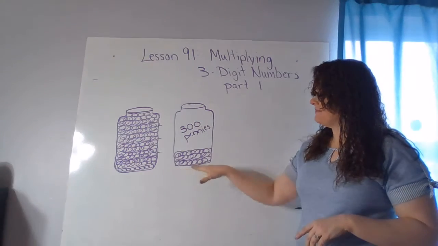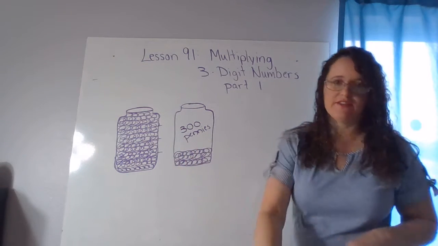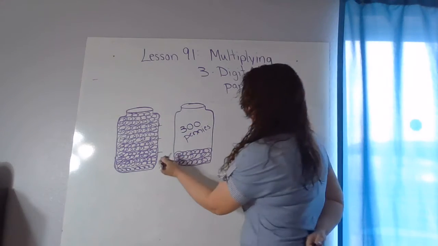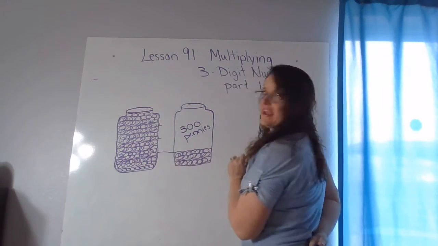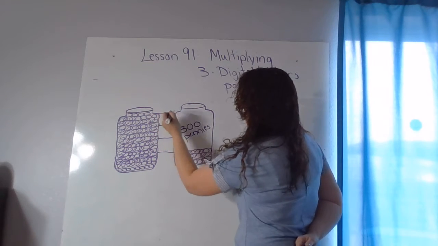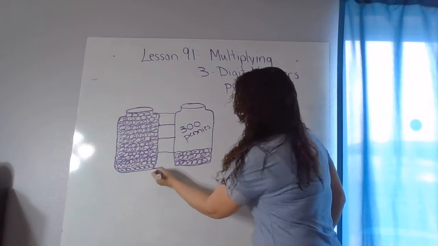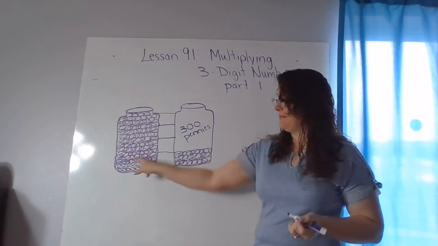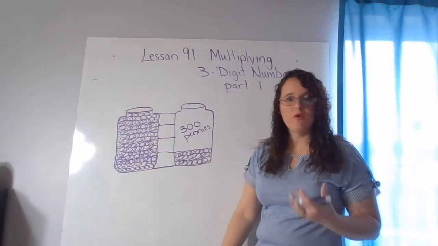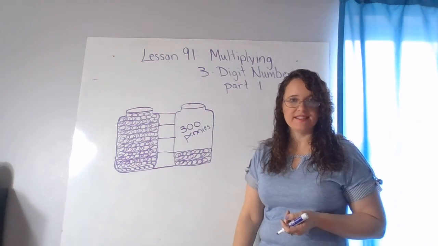And then they said, look at these 300 pennies and compare that to this jar. So the 300 goes right about there. And I would guess, they take that and they say, if that's about 300, I would say this jar holds 4 times that many pennies.